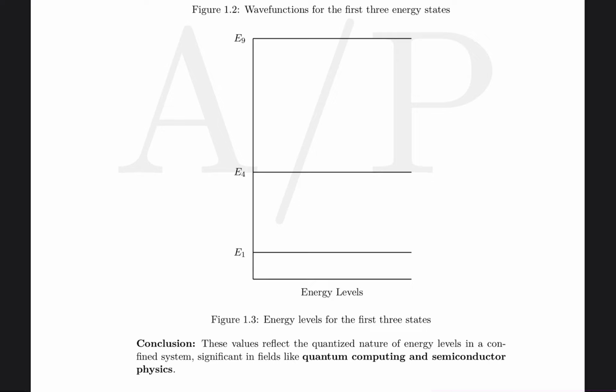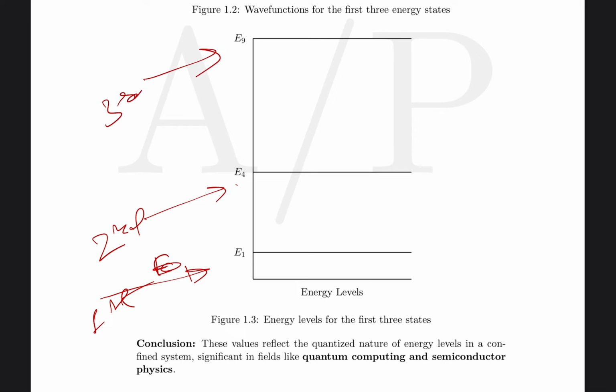E1 means the first energy level. Now E4 is the second energy level, because it is E2, but the square term n squared makes it 4, so we have denoted it as E4. It is not the fourth level, it is the second level. And this is the third level.